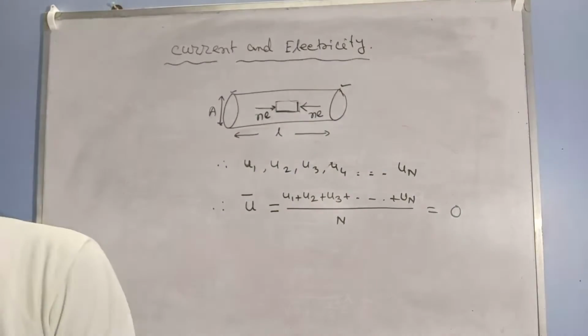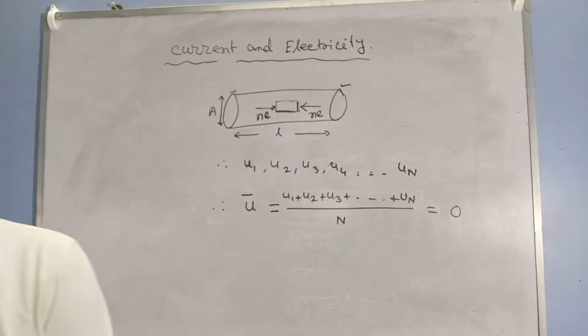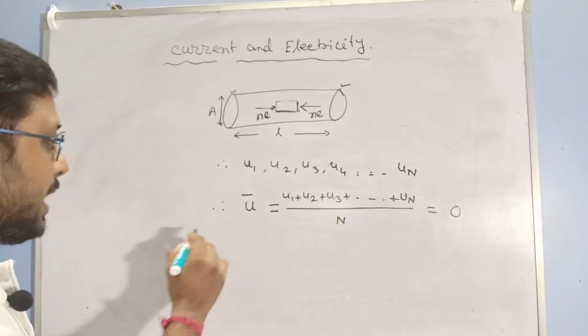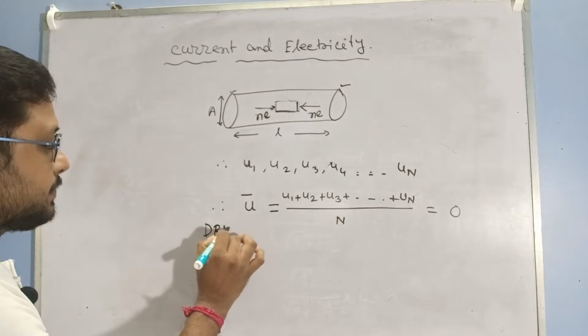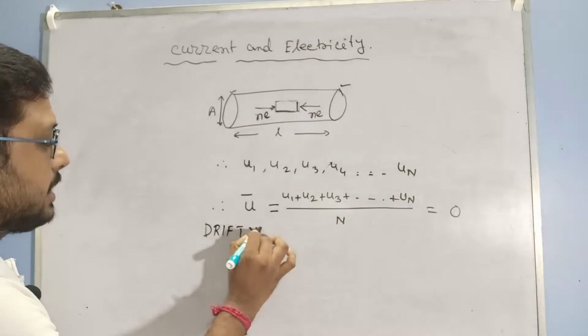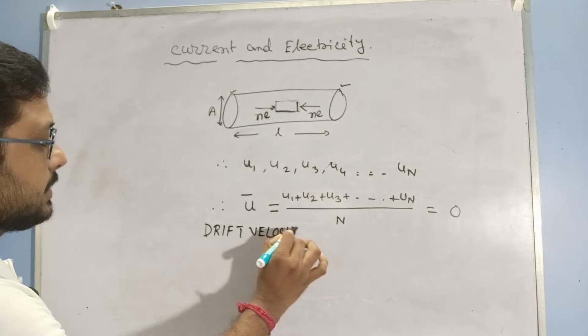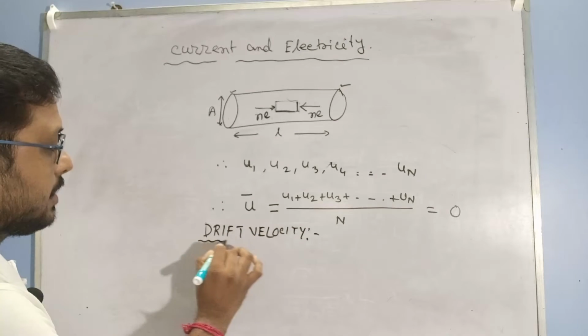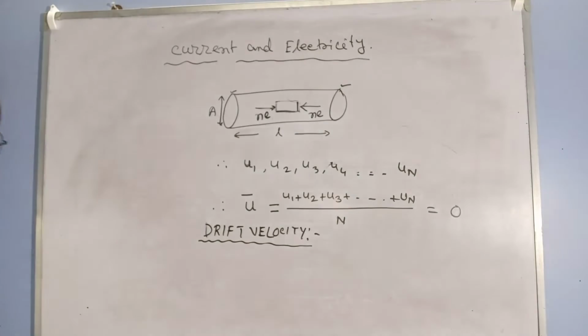Now, let us say drift velocity. What is drift velocity, or what does drifting of electrons mean?